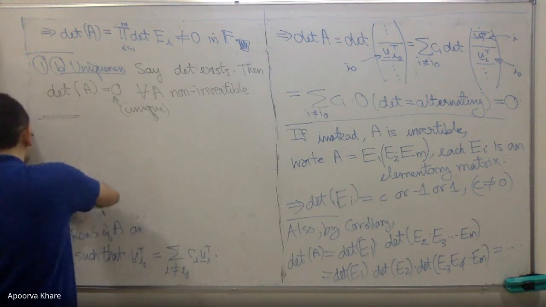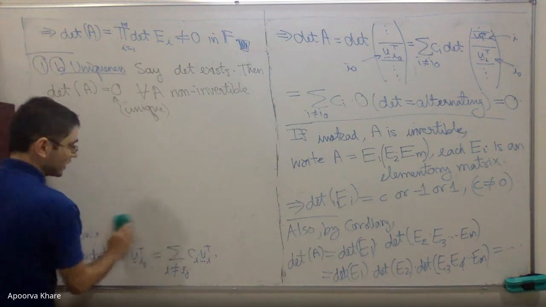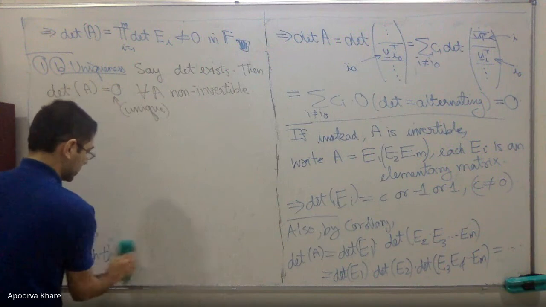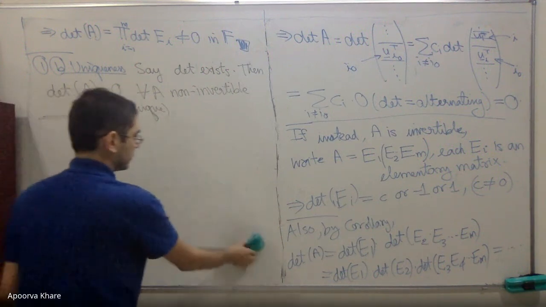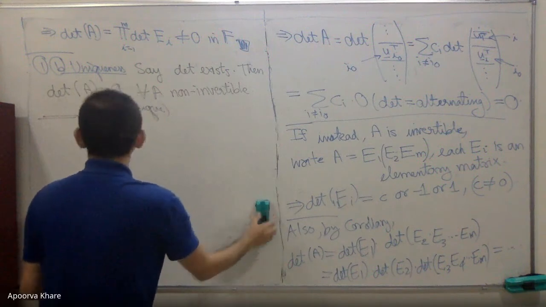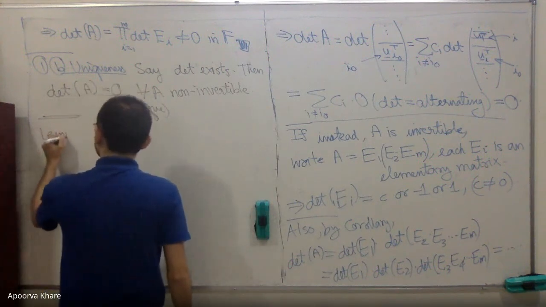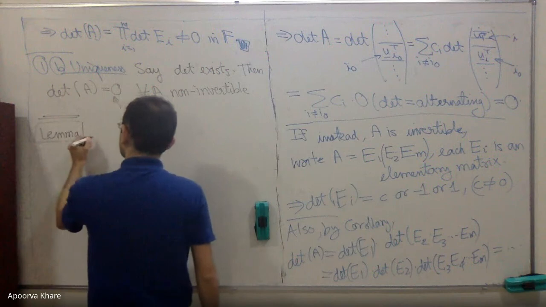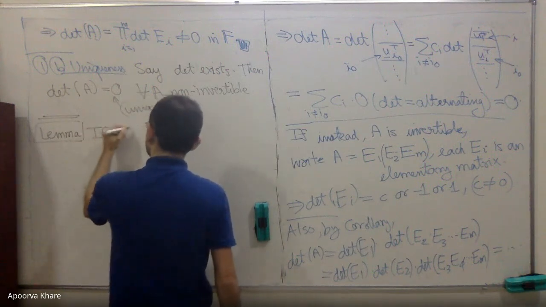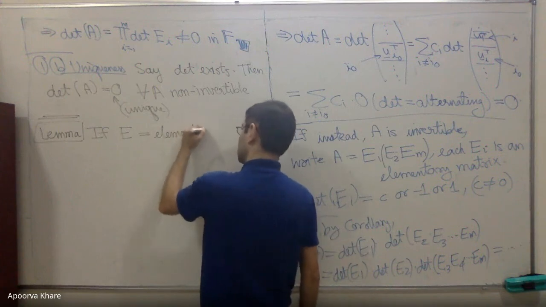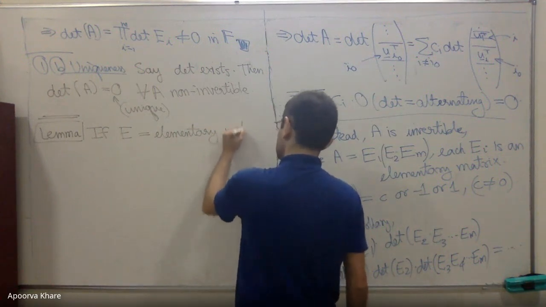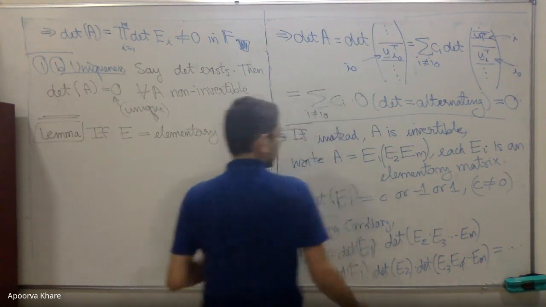And for that, I need a small lemma, which is very simple really, but I'll just say it. Lemma: if E is an elementary matrix, look at the inverse.